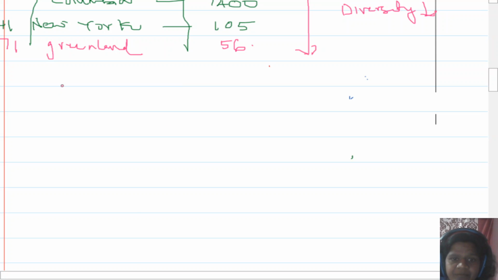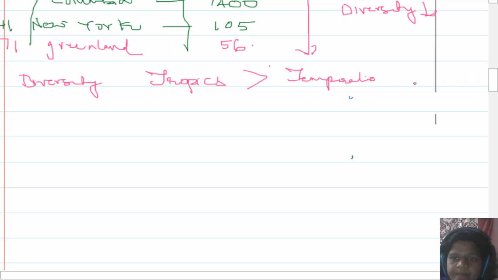So the message here is the diversity is more in the tropics than in the temperate region. Let's try to see why that is so. One of the reasons is that the temperate regions have been undisturbed for millions of years.